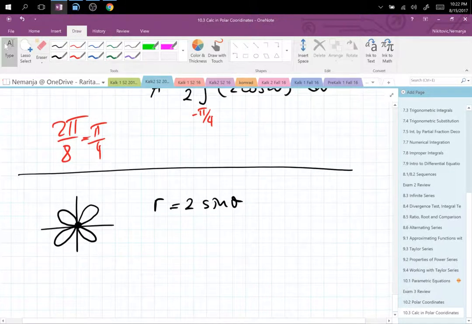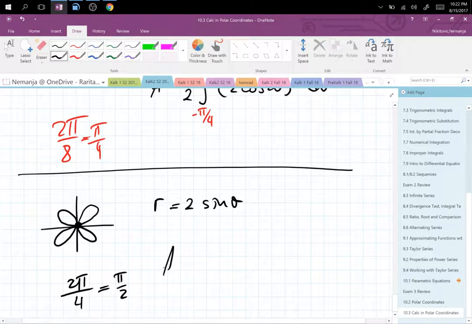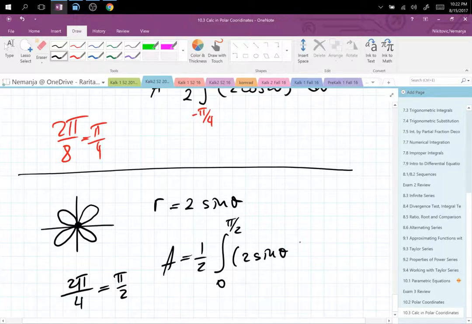So because you have 4 now, your 2 pi over 4 is pi over 2. So area is 1/2 integral 0 to pi over 2 of sine 2 theta, because we have 4 petals, d theta, sine 2 theta for the function, squared. Don't forget the square there, guys. That's function squared in the formula.